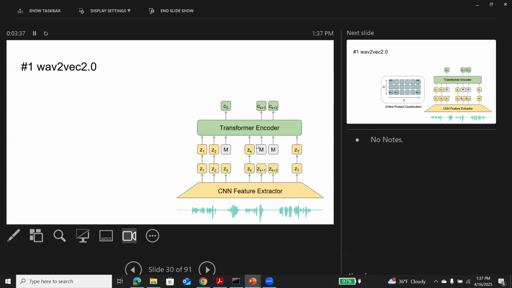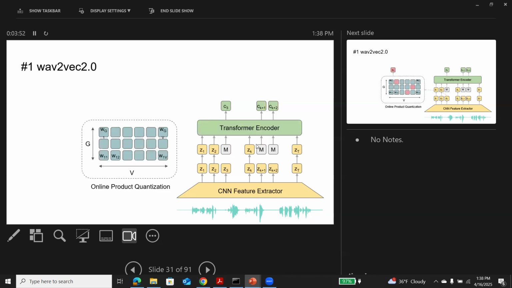But again, the problem is what is the target? We don't have tokens for sound. And in this first approach, they created a so-called codebook, kind of like in VQ-VAE, and trained this codebook together with this model.